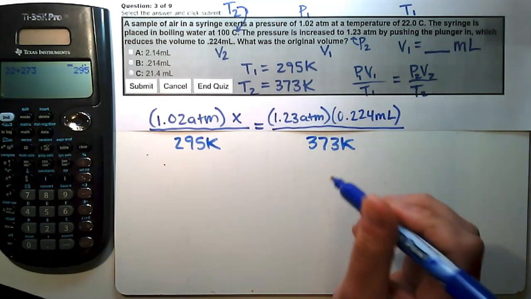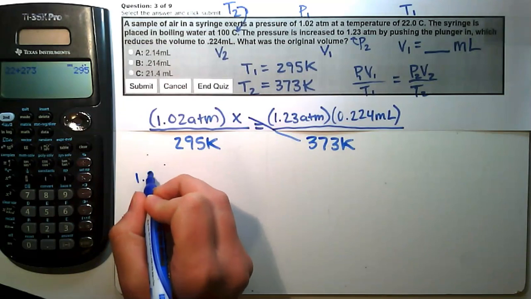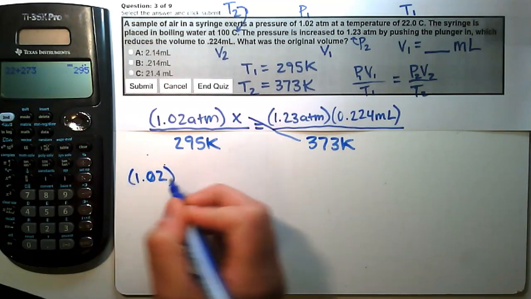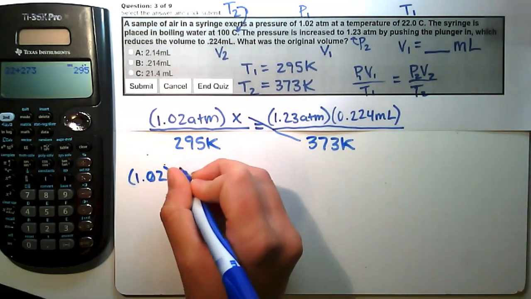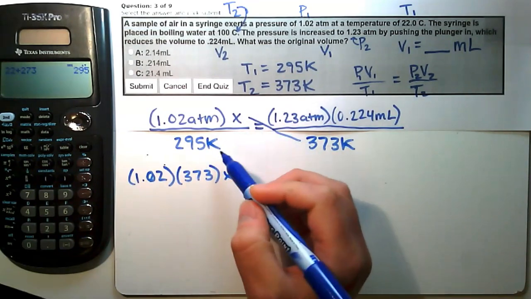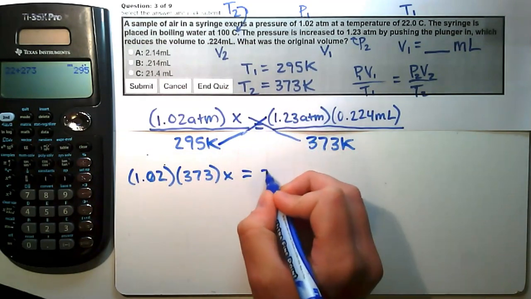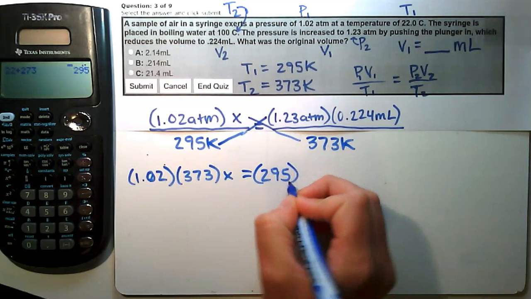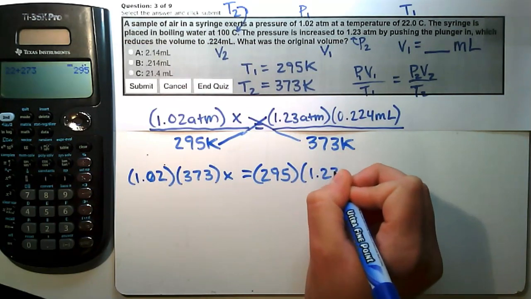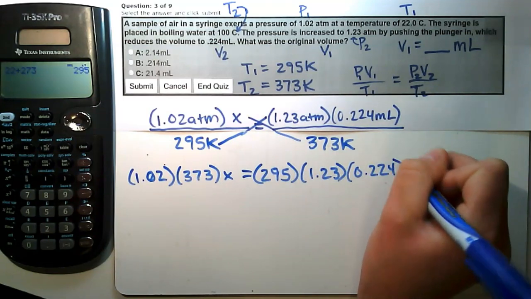Now we just need to cross multiply. So we have 1.02, which I'm going to leave off my units, 1.02 times 373, and still times X, equals 295 times 1.23 times 0.224.